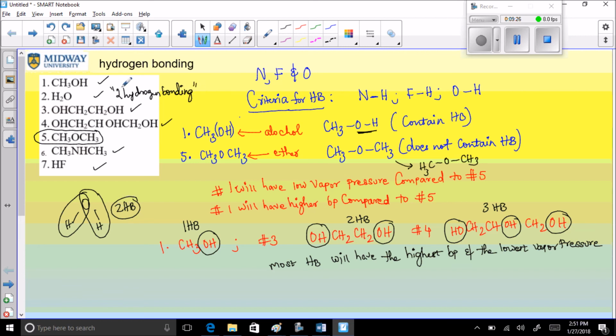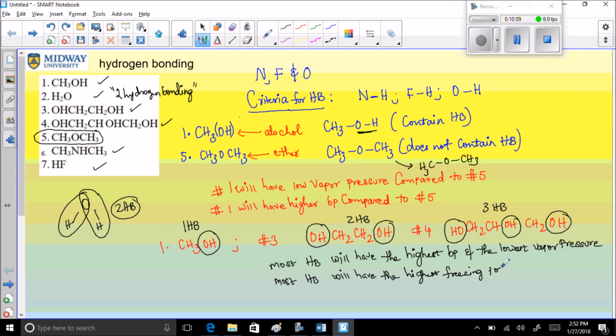All right, I'm going to stop this video here because all I really wanted to showcase is when we know a molecule has hydrogen bonding, or when a molecule does not have hydrogen bonding. And if a molecule has hydrogen bonding, if it has 1, 2, or 3, what implication does it have on the boiling point? Similarly, the most hydrogen bonding means it will have the greatest effect on freezing point. What does that mean?